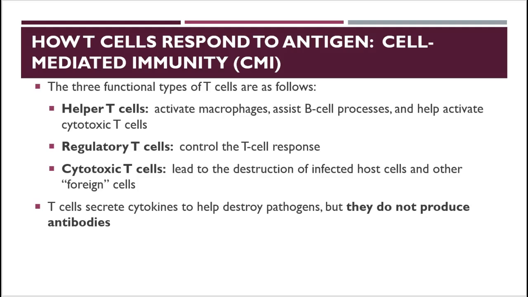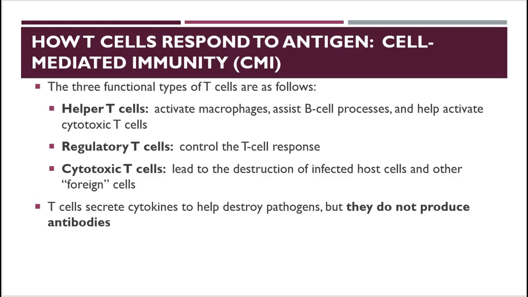We're going to get 3 functional types of T cells when a T cell is challenged with an antigen. First, we have helper T cells, and these T cells are going to activate macrophages. They assist B cell processes, and then they help activate cytotoxic T cells.